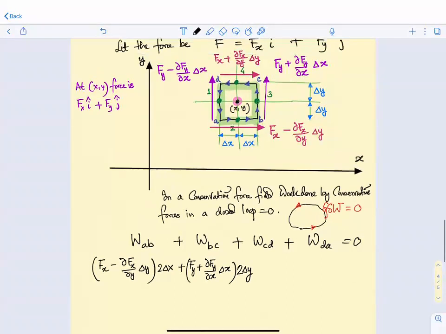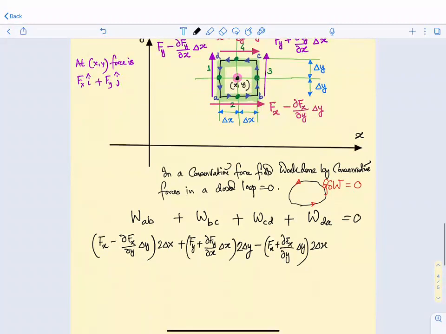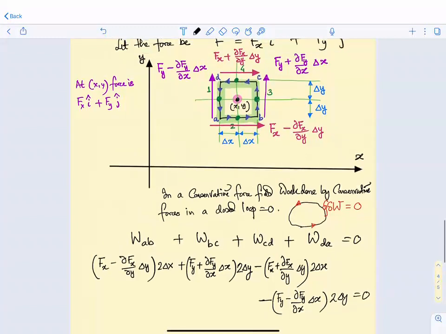Now work done along CD, here minus sign because the displacement and the force are opposite in direction. Here fx plus del fx by del y times delta y times 2 delta x, and the last term, work done along DA, that's also minus sign, fy minus del fy del x times delta x multiplied by 2 delta y, and this sum is equal to 0.